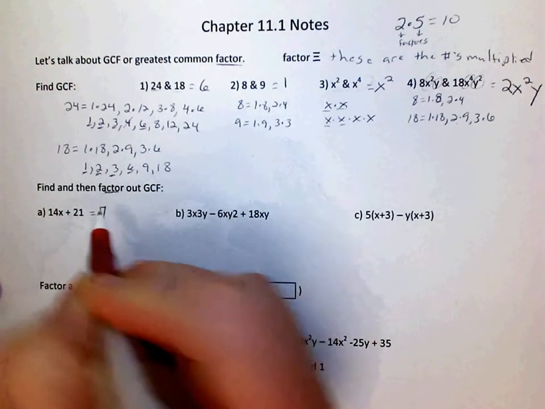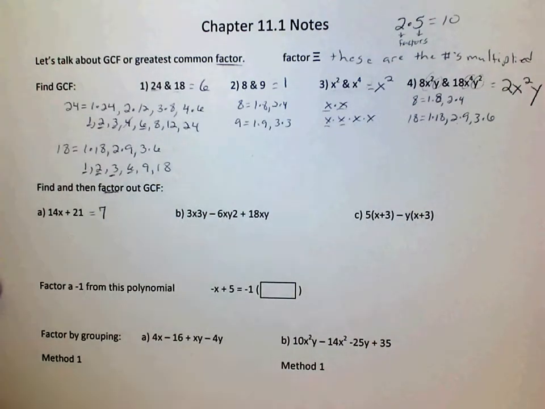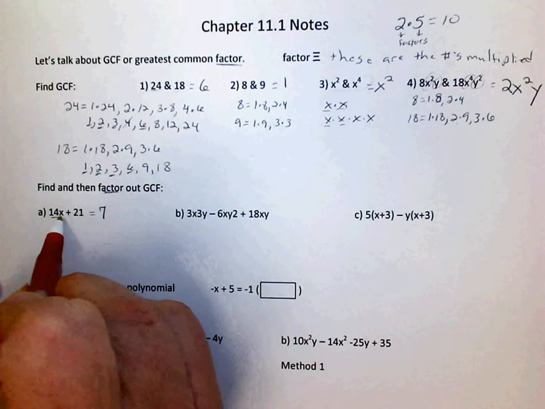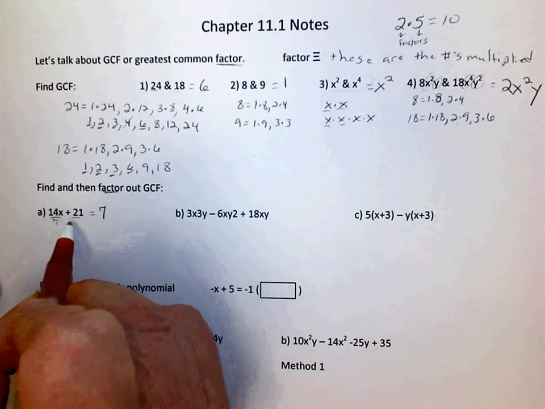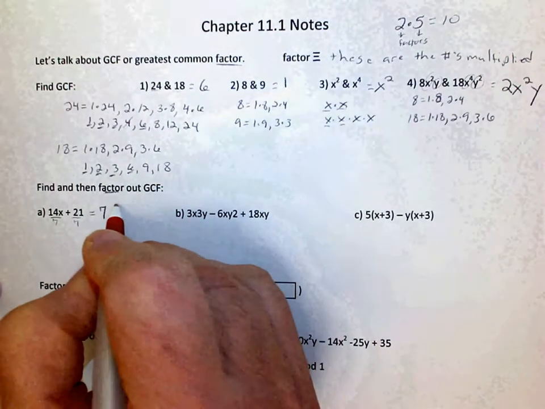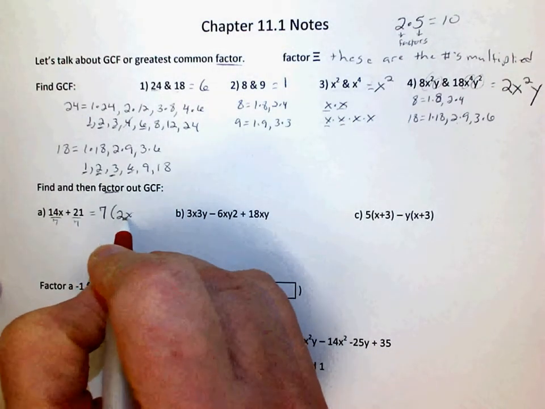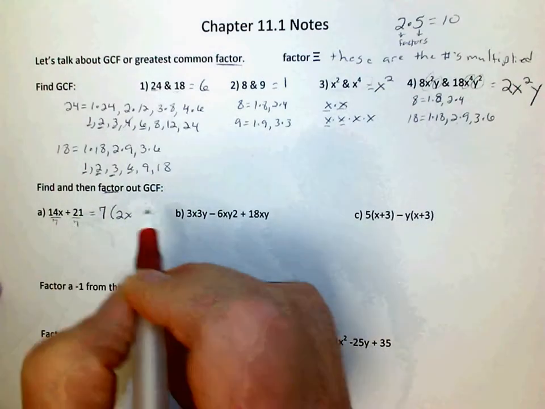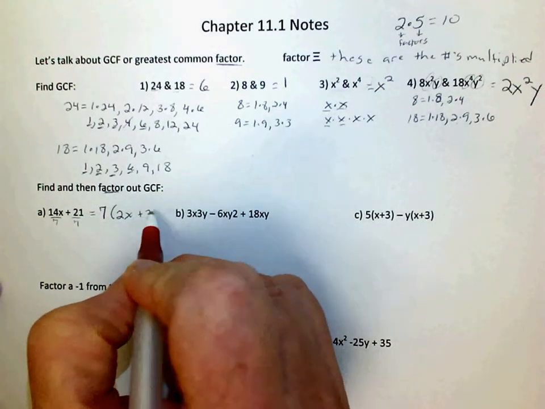That's my GCF. Now, we're going to show a little bit of a sneak here. 14x divided by 7 leaves us a 2x. 21 divided by 7 leaves us a 3.